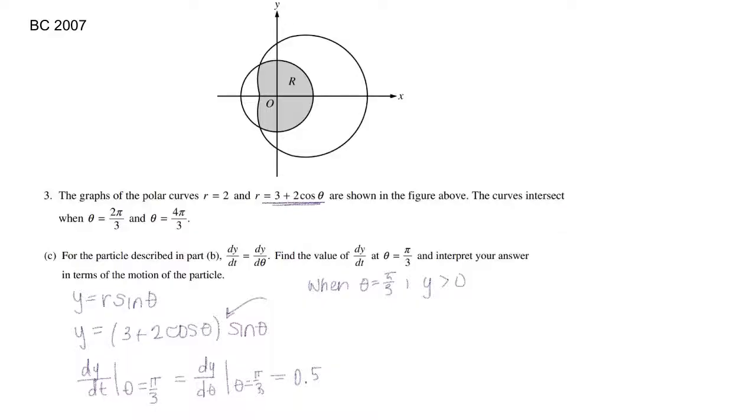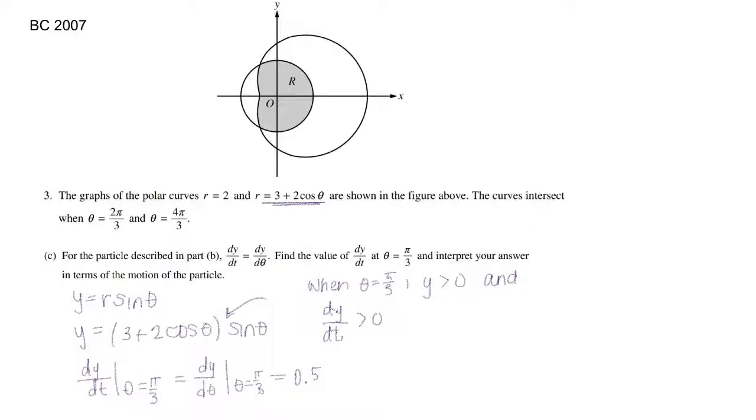And notice what else we found: dy/dt is also greater than 0, also positive.